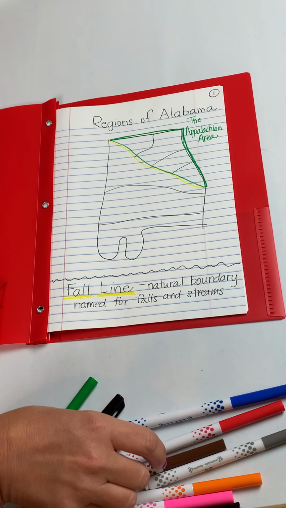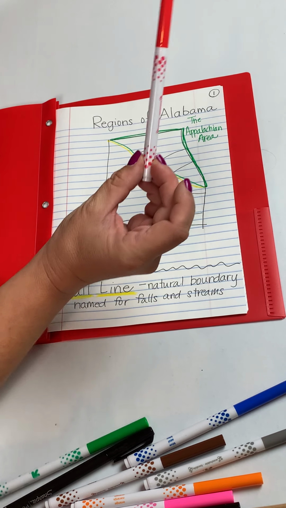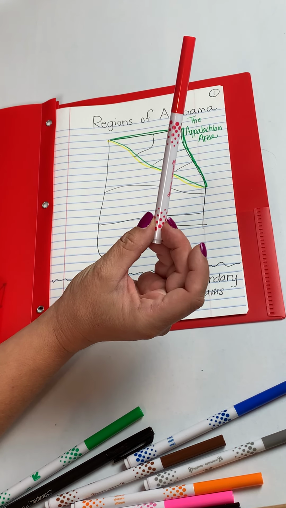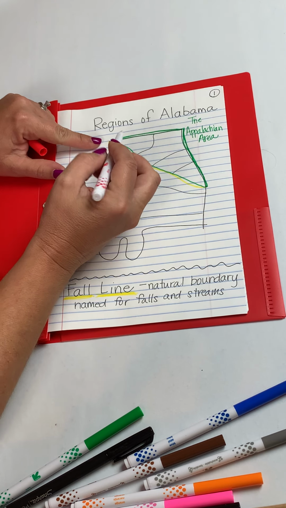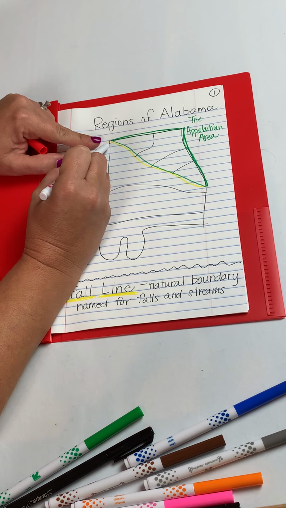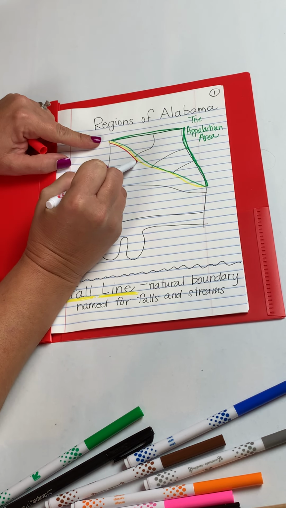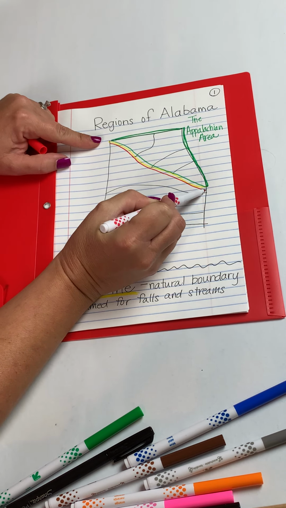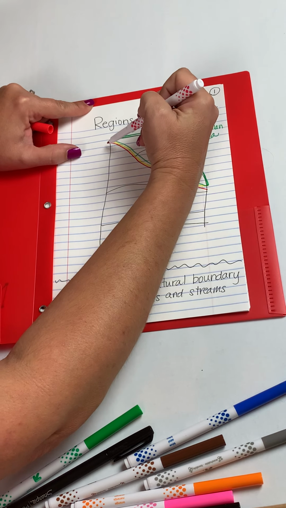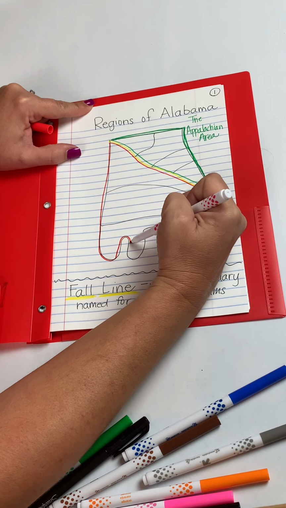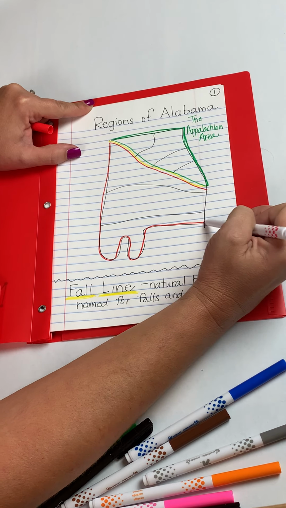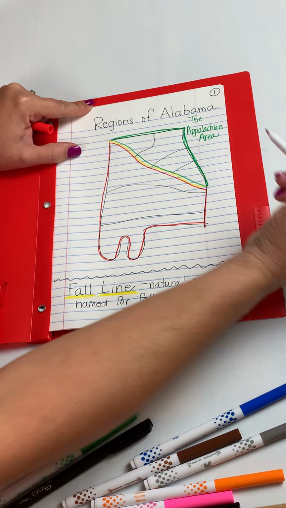And now we're going to use our red. Use our red, and again, we don't want to color over the yellow. We're going to go right along that boundary with our red, and then we're going to just trace along the outline of the state that we drew, just like that.